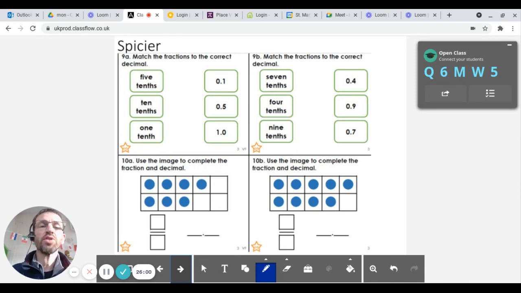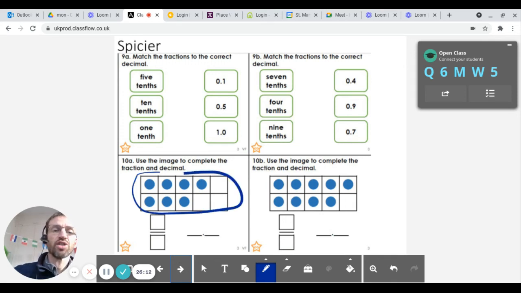Spicier work. If you want an extra challenge, which most of you will, go for this. Matching again, you've got a matching task and you've got the image. Remember, it says use the image to complete the fraction and the decimal. So this is the image, and here you've got a fraction to complete and a decimal to complete. So remember how we use images?